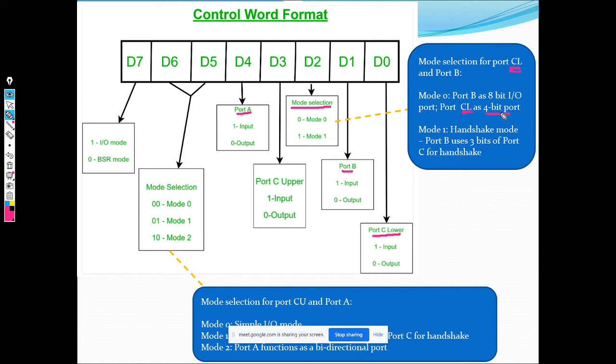But on the other hand, port B can choose to use some kind of handshake. So you will not use port CL as a 4-bit port, but rather 3 bits out of the 4 will be used by port B for handshake. So this bit D2 is going to specify that. Okay, any questions on this?